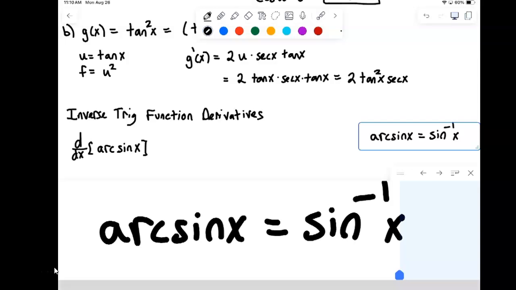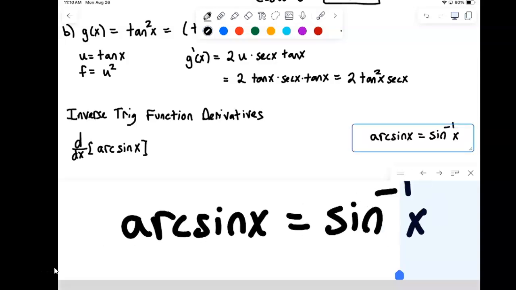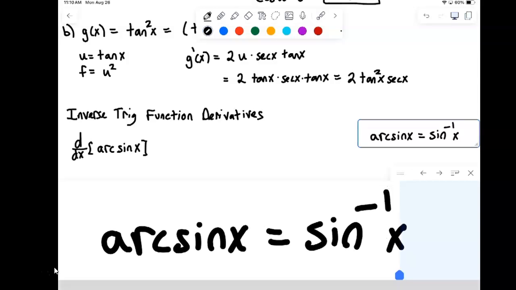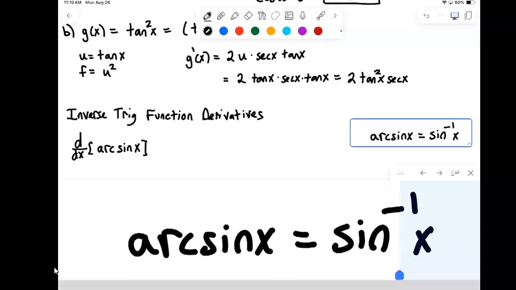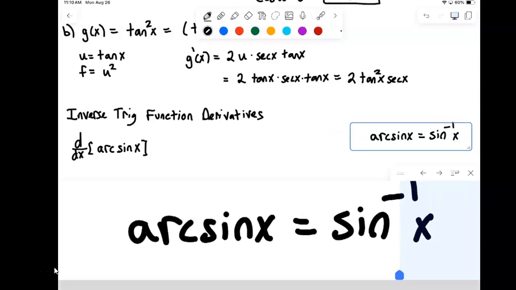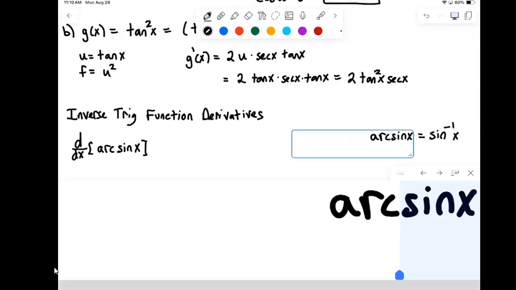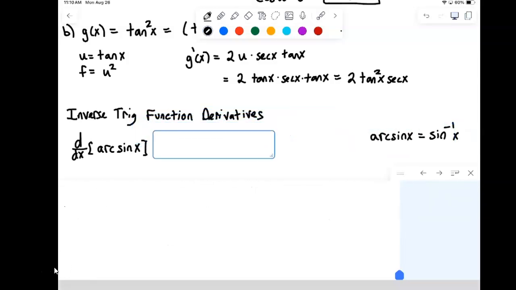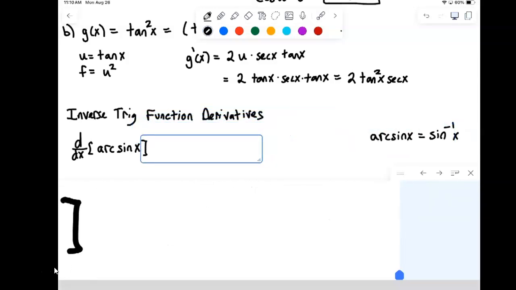Our textbook does use the -1 notation, so I'll try to use both of them, but I really, a long time ago, got in the habit of calling it arc sine instead of inverse sine. It's the same thing, but just be aware that arc is just another notation for inverse. And you'll probably see me use them both ways.